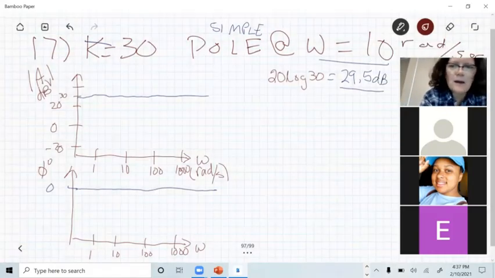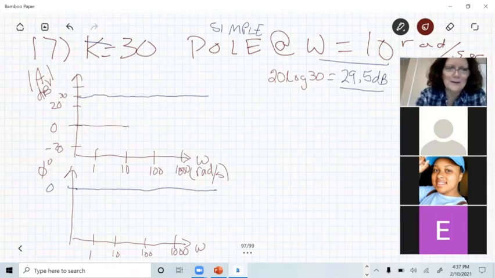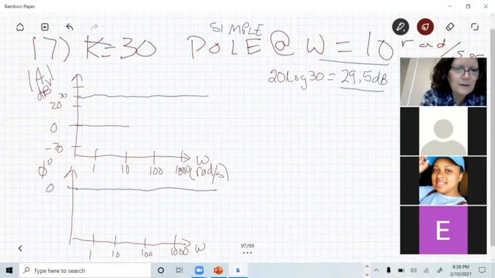When I do a pole at omega equals 10, I know the magnitude plot is 0 until I get to omega equals 10, and then it falls by 20 dB per decade. So a factor of 10 later, it should be at minus 20. It'll be at minus 40 at 1,000. And this is a straight line.